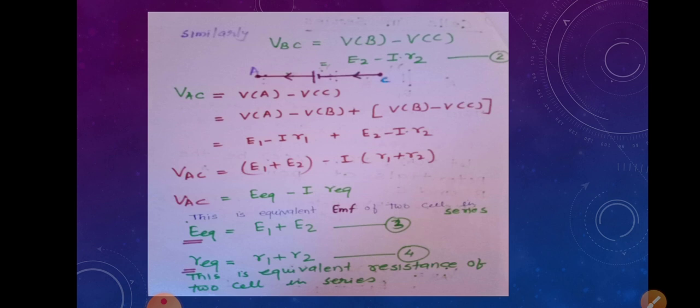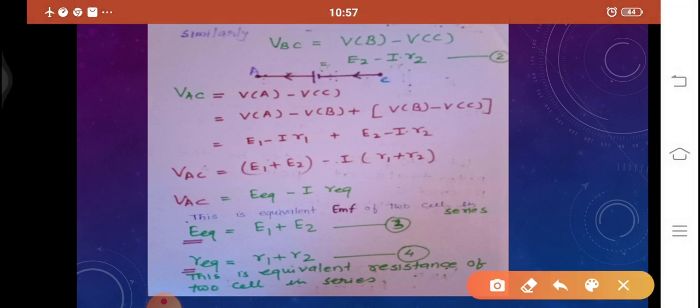So for the total, VAC, VA minus VC, we can write VA minus VB plus VB minus VC, which is E1 minus IR1 plus E2 minus IR2, then E1 plus E2 minus I times R1 plus R2.